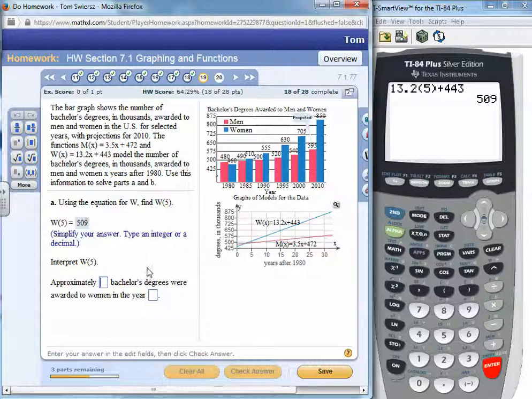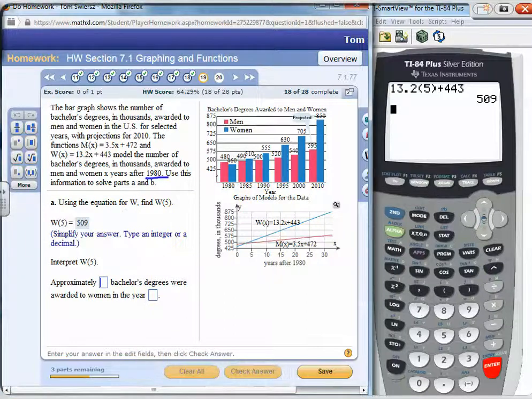Okay, interpret W(5). Now, 5 is what? It's x, which is the number of years after 1980, right? And the answer, 509, is the number of degrees in thousands.